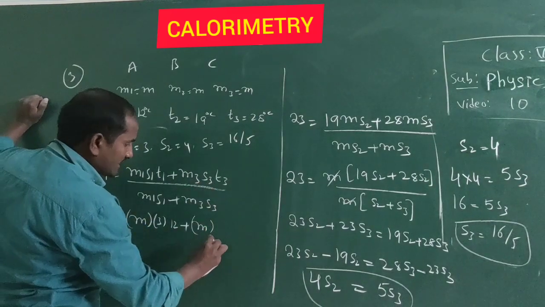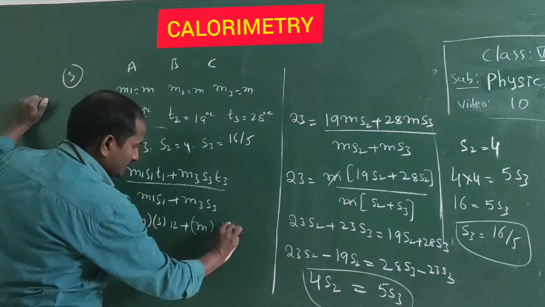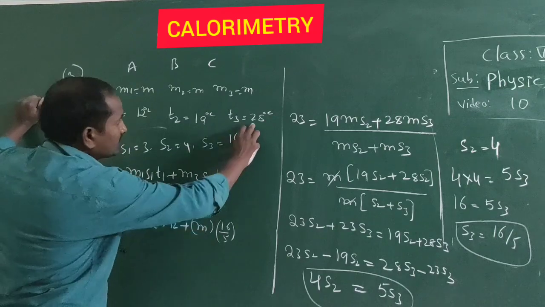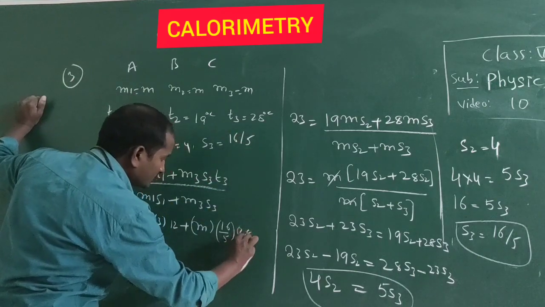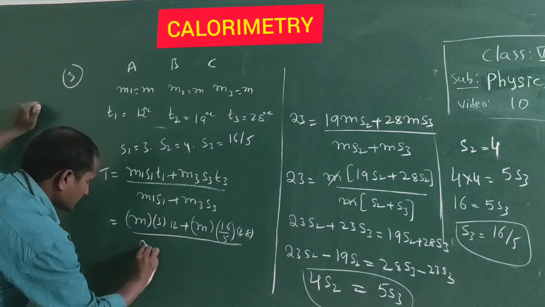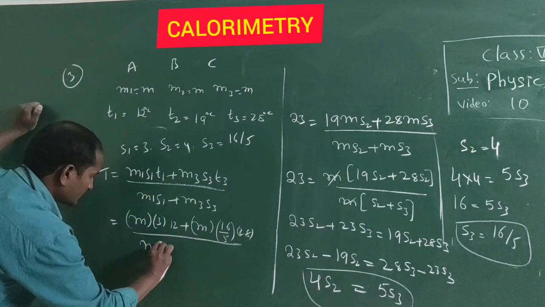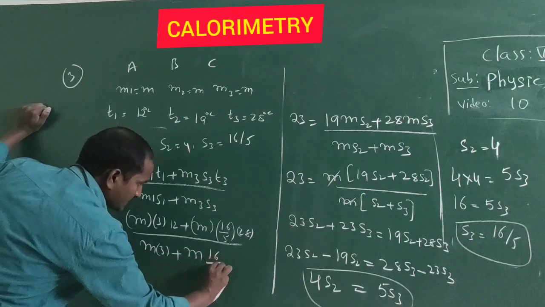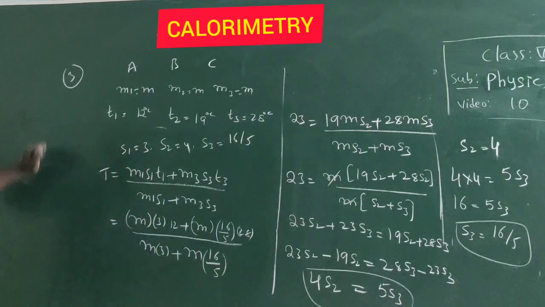Into S3, that is 16 by 5, into T3, that is 28, by M into S1, 3, plus M into S3, 16 by 5.